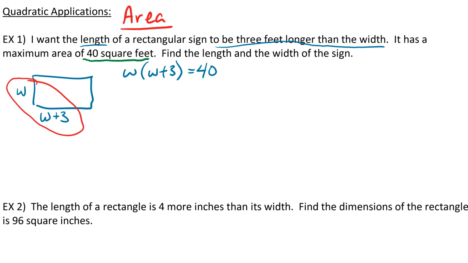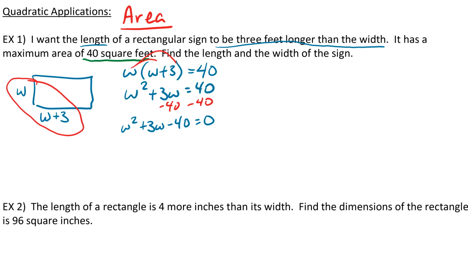So we're going to start off by just distributing the W. So we're going to get W squared plus 3W equals 40. We're going to subtract 40 from both sides, so we can set it equal to 0. So we get W squared plus 3W minus 40 equals 0.